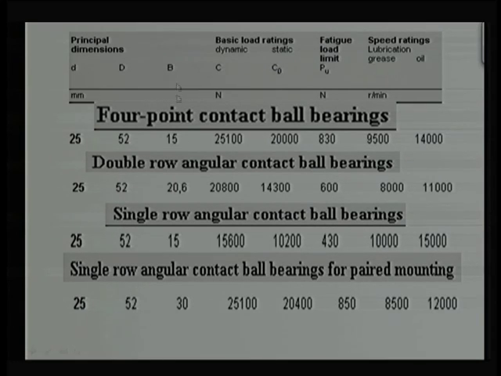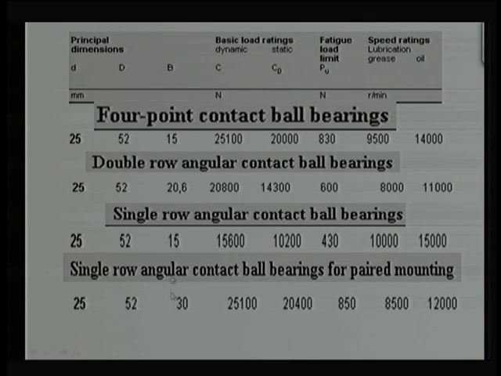Coming to the length side, the 4-point contact bearing is 15 mm. Coming to the double row, it is 20.6 mm. The single row angular contact bearing, which will naturally be lesser than this dimension, is 15 mm. Coming to the pair, the tandem bearing arrangement, that has 30 mm.